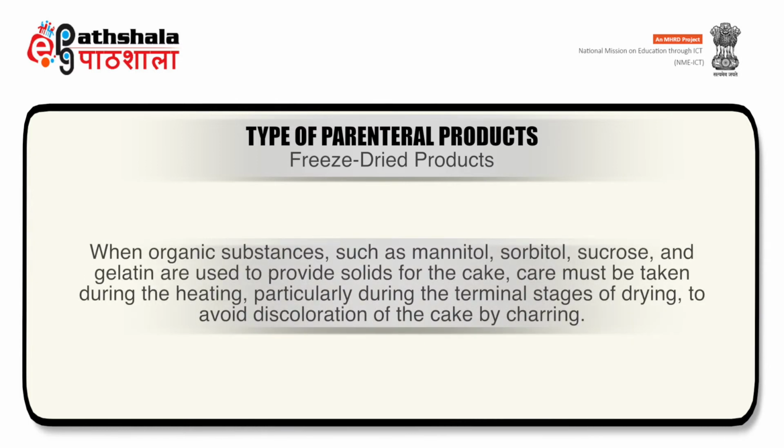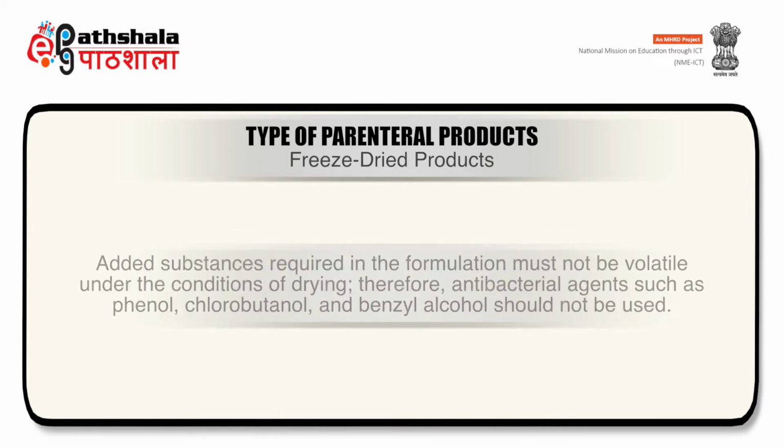When organic substances are used to provide solids for the cake, care must be taken during heating, particularly during terminal stages of drying, to avoid discoloration of the cake by charring. Added substances required in the formulation must not be volatile under conditions of drying. Therefore, antibacterial agents like phenol and benzyl alcohol should not be used.